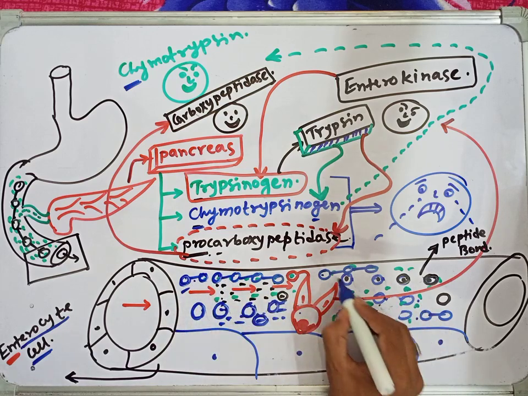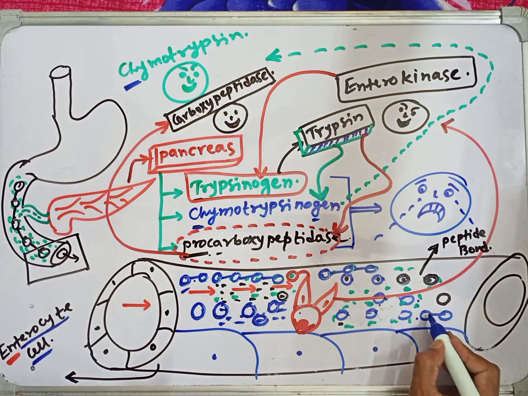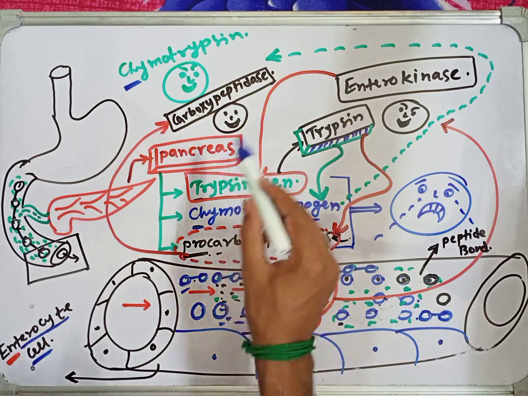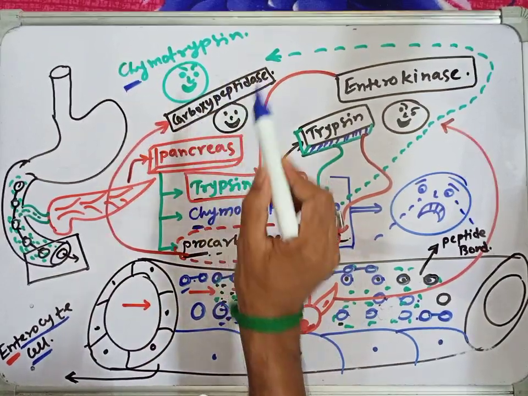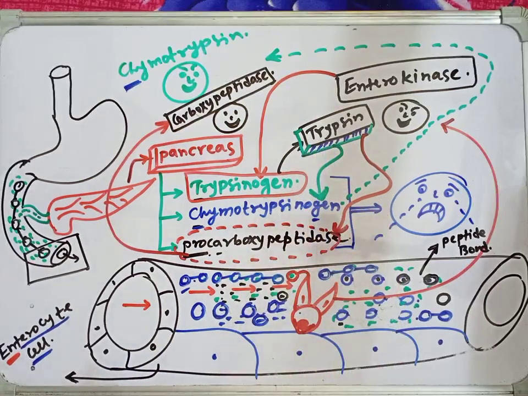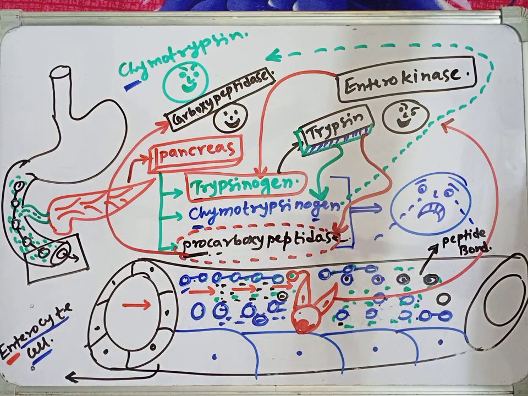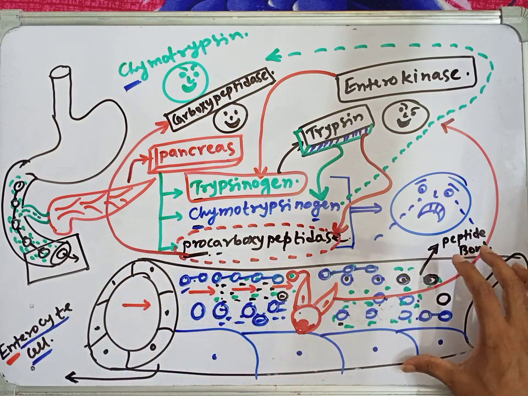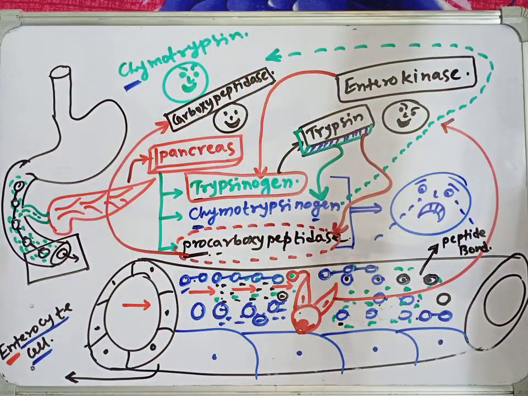And there is again some tripeptide and some small polypeptide as well, and there is production of lots of amino acids under the action of chymotrypsin, carboxypeptidase as well as trypsin. Further digestion of protein we are going to discuss. And now I would love to draw this diagram again in a magnified way here, right?